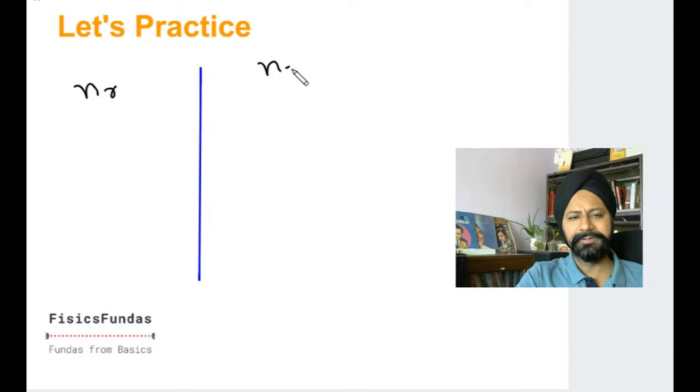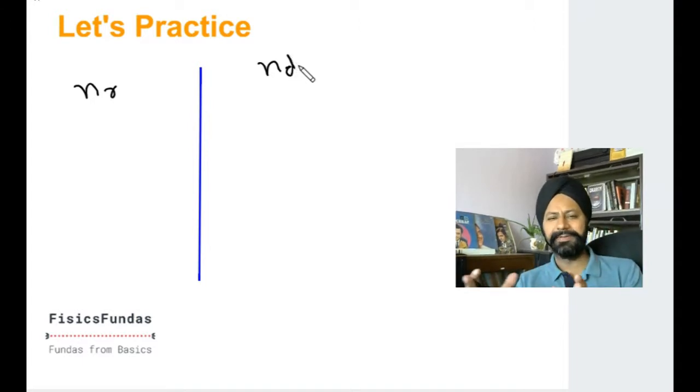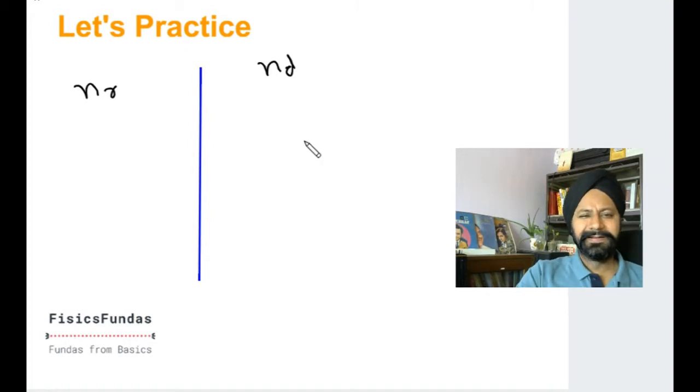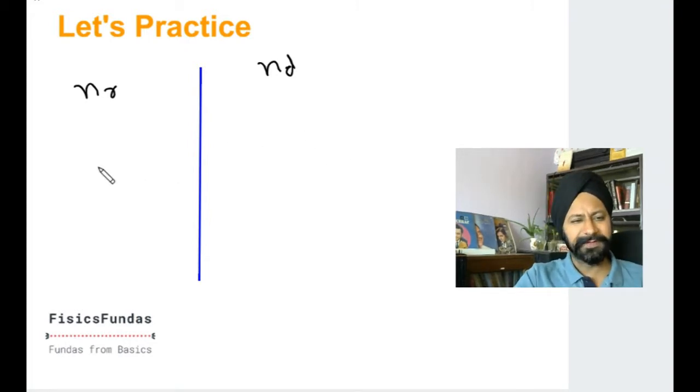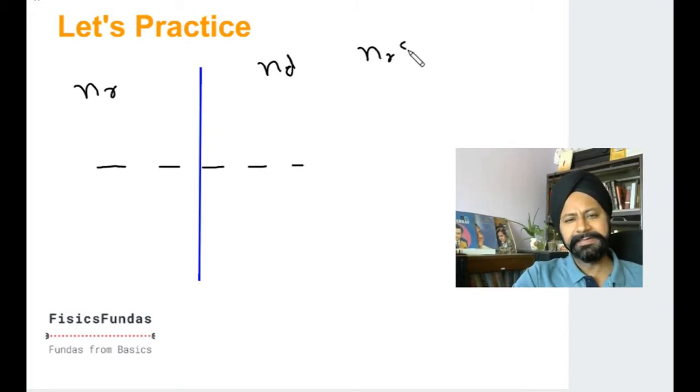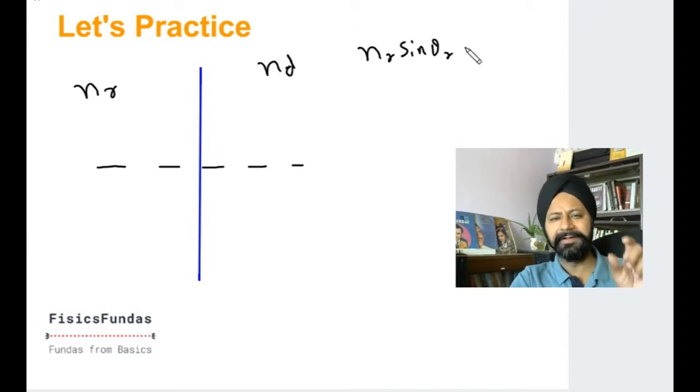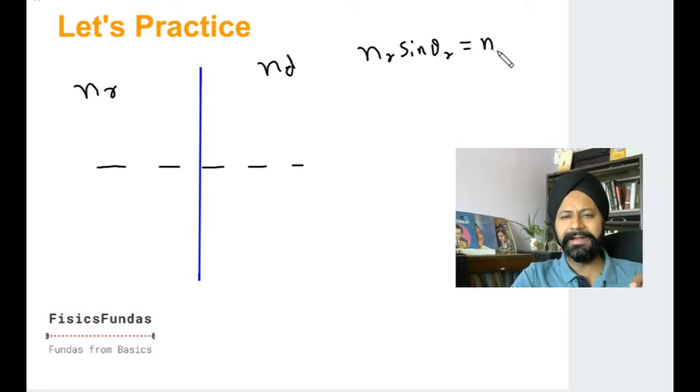So the point is it's going from a rarer medium to a denser medium, like air to water, air to glass, something like that. So how does the light behave? Let's draw this. And before I even draw, I know Snell's law: nr sine theta r, theta r as in the angle in the rarer medium, is equal to nd sine theta d, d as in denser medium.